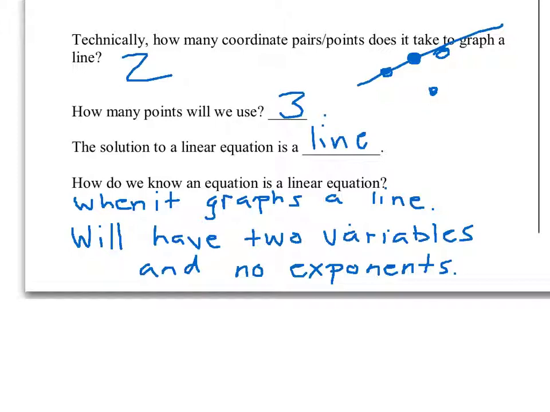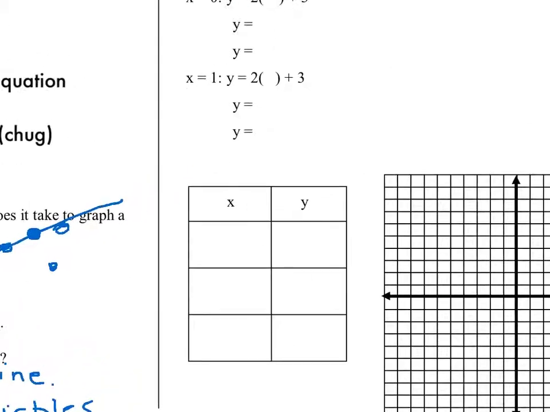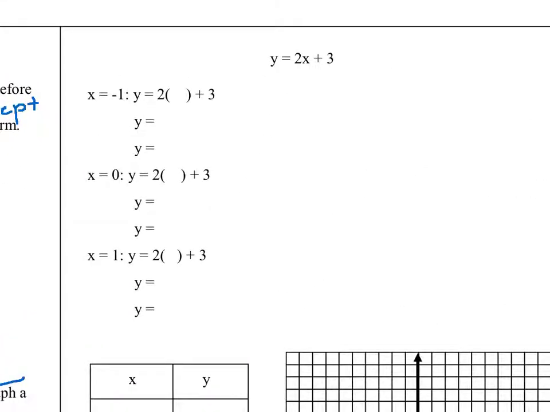All right, looking over here at our example. This is actually the exact example from the video. And I have chosen the three x values that I think are the most important. One of the most important things about solving these equations and being able to graph them is choosing appropriate and easy x values.